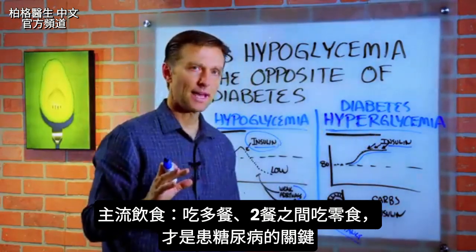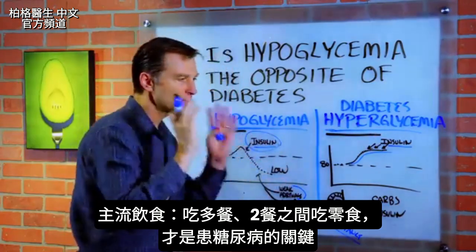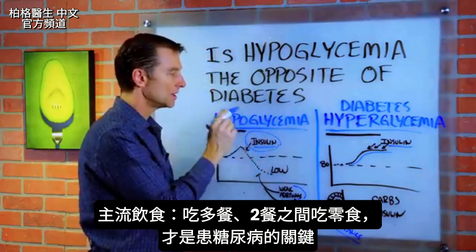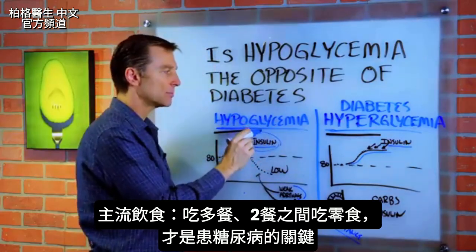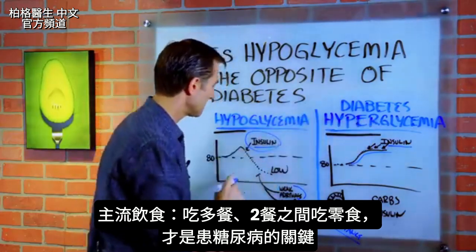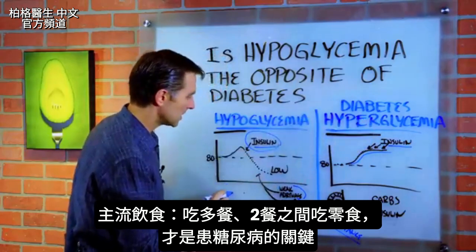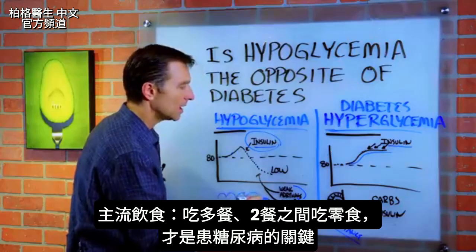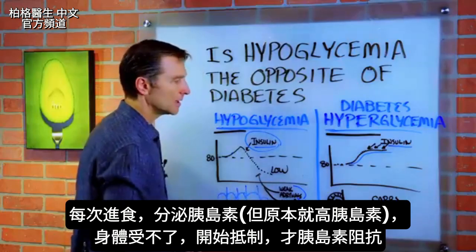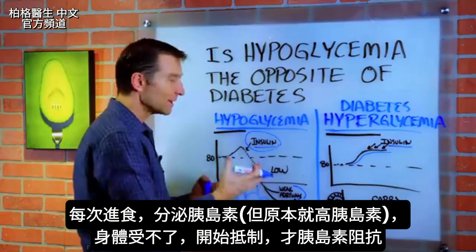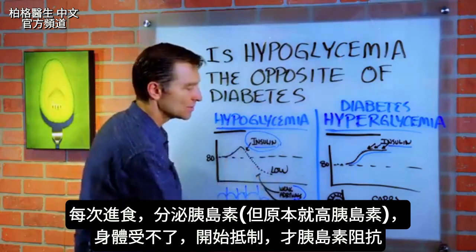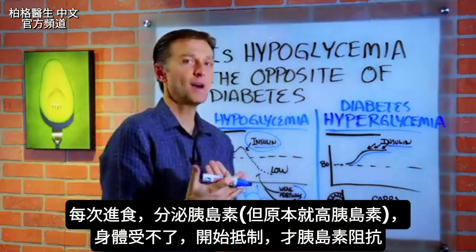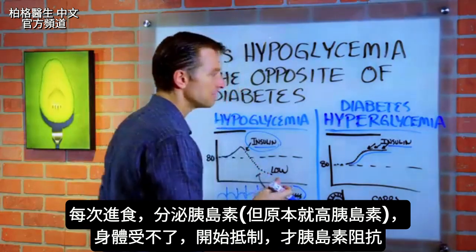And the problem is that what mainstream is telling you to eat is the thing that's going to propel this over here. They're telling you to eat frequent meals, snacks between meals. Well, every time you eat, you spike insulin. We already have a problem with too much insulin. That's why you're getting insulin resistance, because your body's like, it's too much, let's resist it.